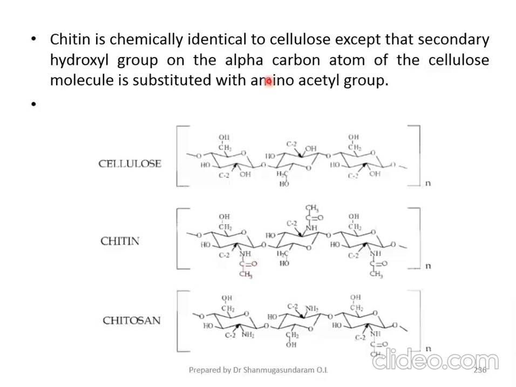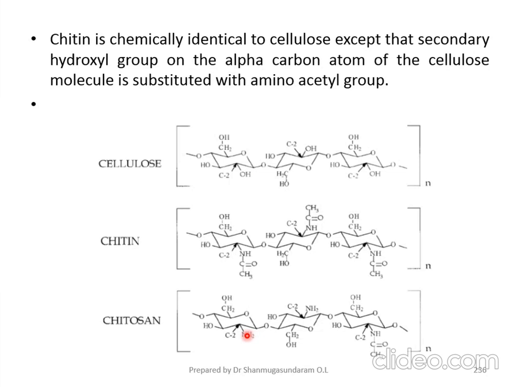Okay, here an acetylamino group is there. Please look at the figure. Instead of hydroxyl group, what group is present in your chitin? Acetylamino group. Then what group is present in place of the secondary hydroxyl group in case of chitosan? Amino group, that is NH2.